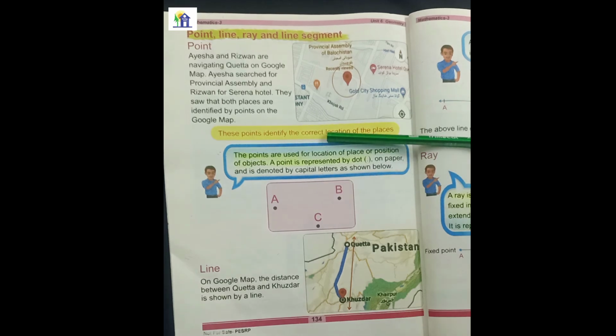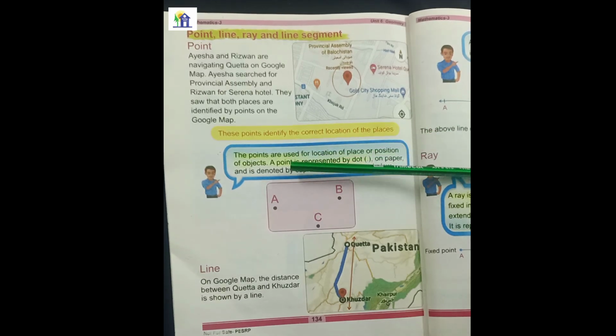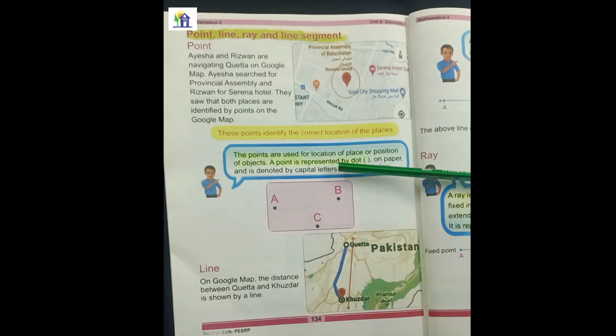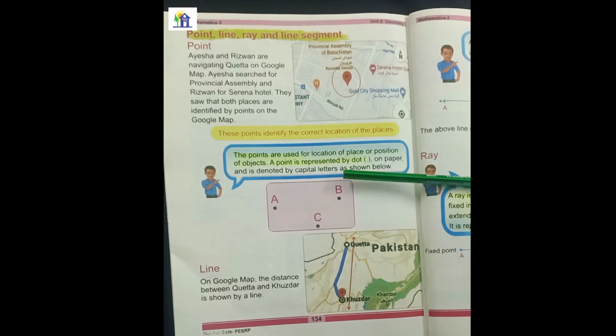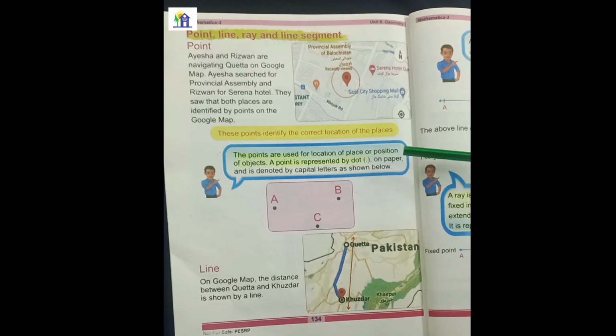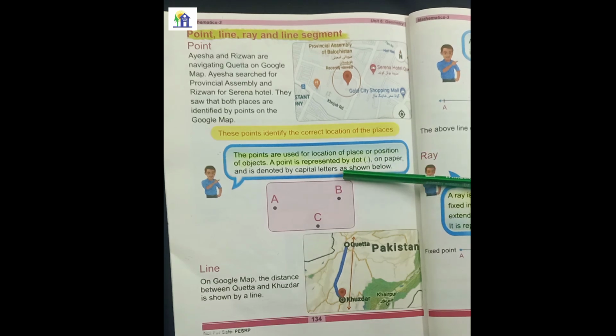These points identify the correct location of the places. The points are used to search the location of a place or position of an object. A point is represented by a dot like this on paper and it is denoted by capital letters like this, as shown below.